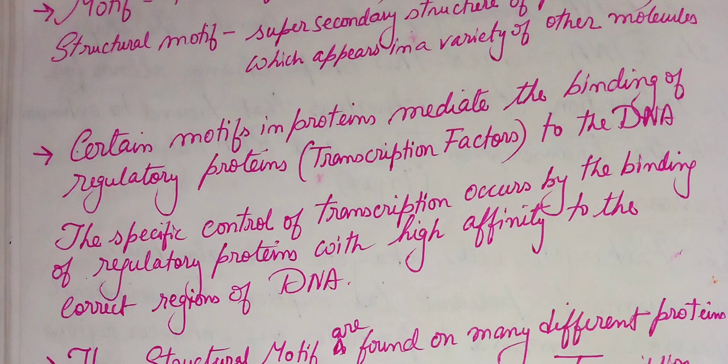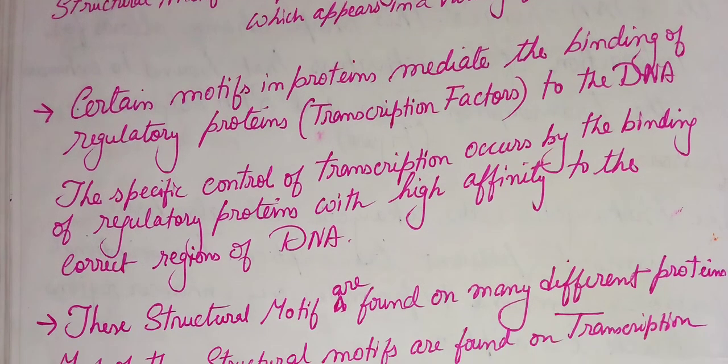So there are certain motifs in proteins that mediate the binding of regulatory proteins, activators, repressors, right? Transcription factors are generally activators. Most of them are recruited by activators to the DNA. And the specific control of transcription occurs by binding of regulatory proteins with high affinity to the correct regions of the DNA.